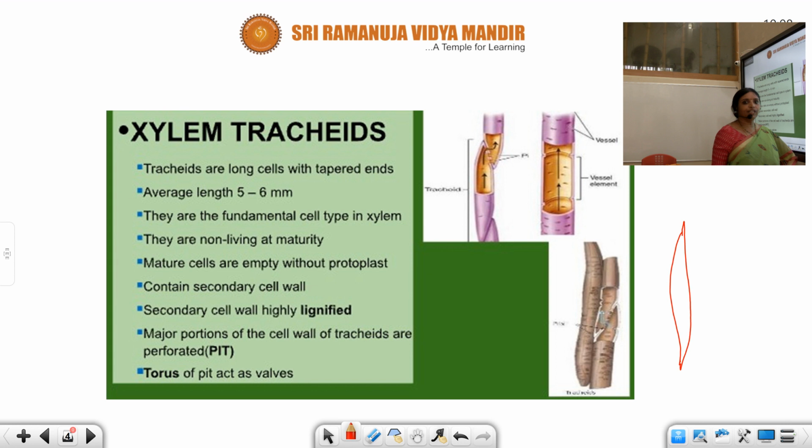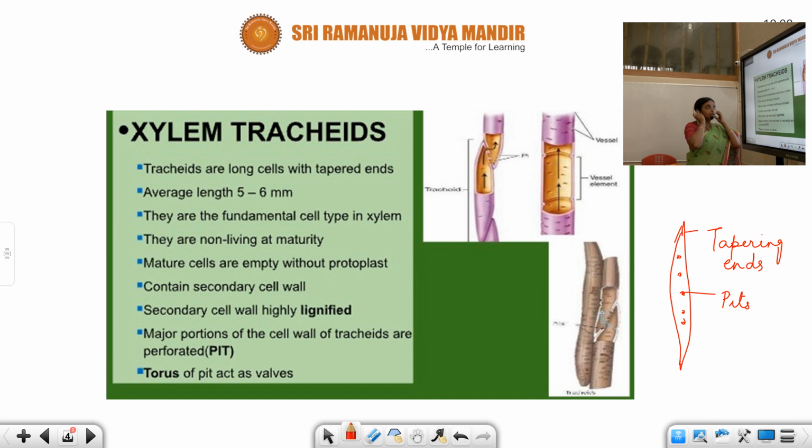Tracheids are long cells with a tapered end, and these are primitive tissue. Why primitive? Here I will write one point: primitive tissue. These are primitive cells.